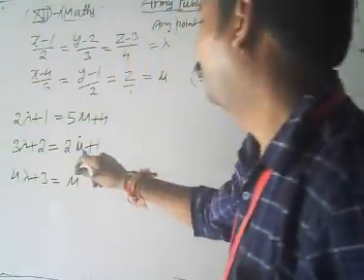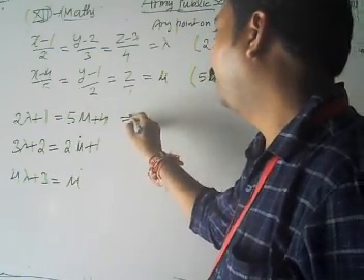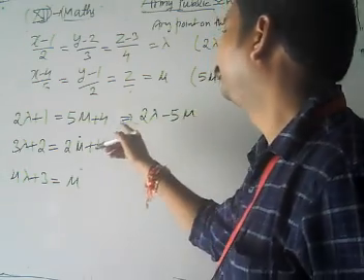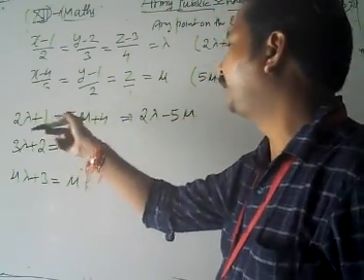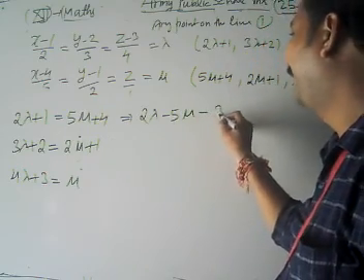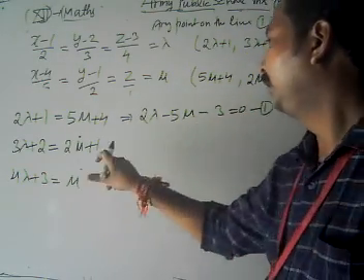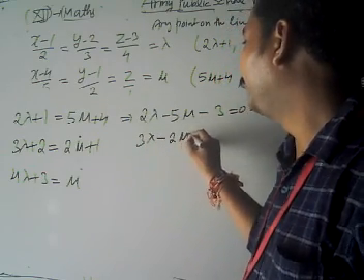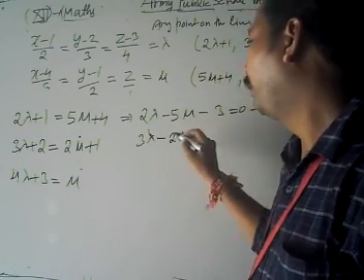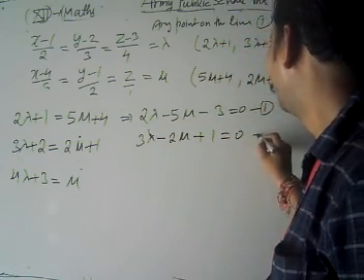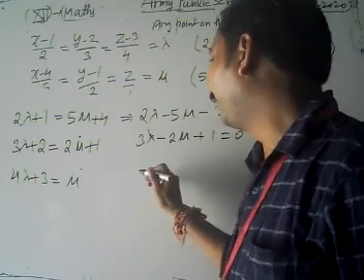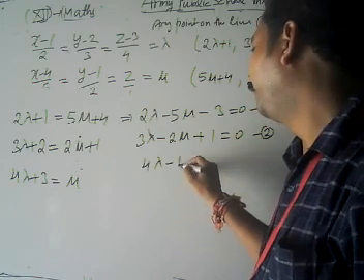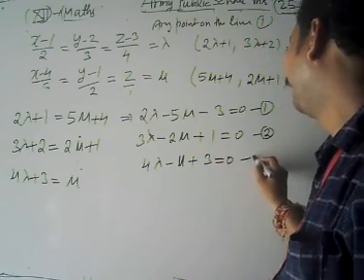From here we get 2 lambda minus 5 mu minus 3 equal to 0, this is equation 1. Then 3 lambda minus 2 mu plus 1 equal to 0, this is equation 2. And 4 lambda minus mu plus 3 equal to 0, this is equation 3.